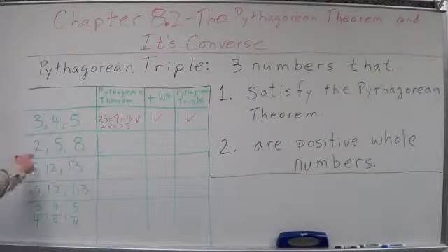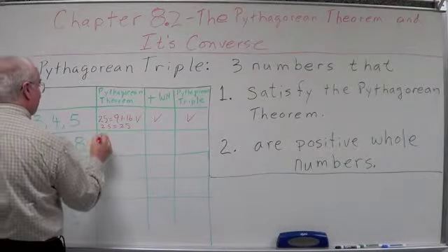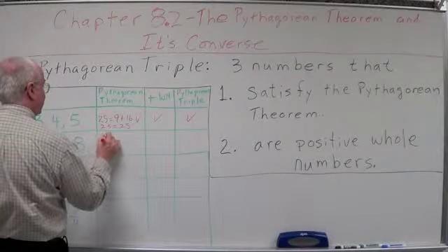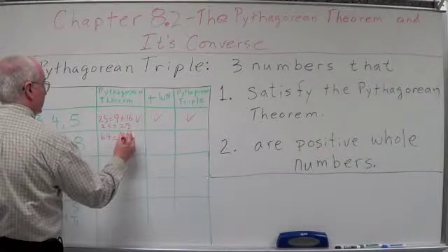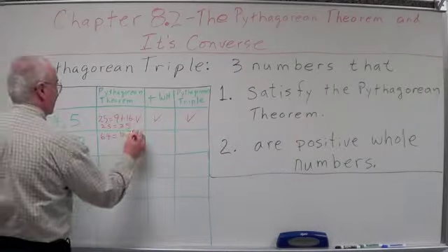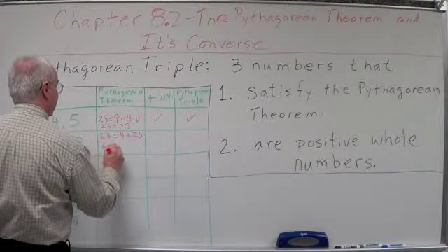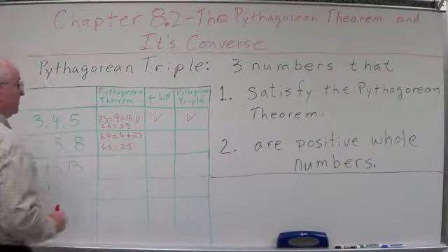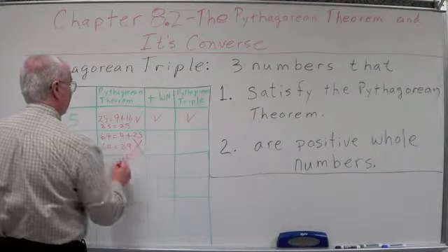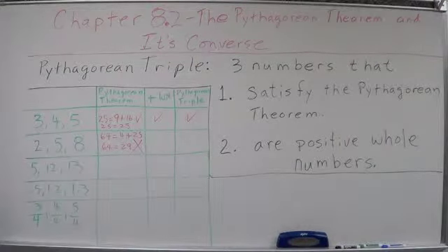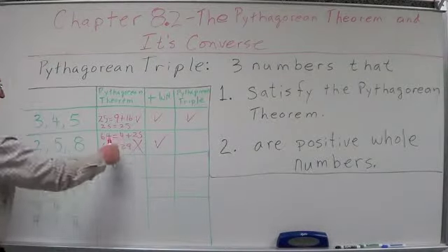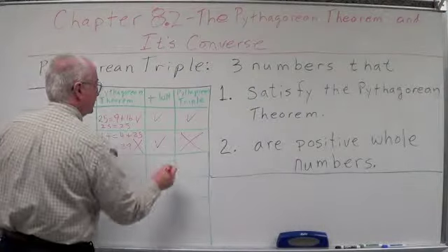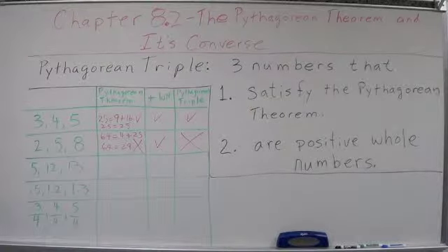Now let's look at 2, 5, and 8. 8 squared is 64 equals 2 squared, which is 4, plus 5 squared, which is 25. Does 64 equal 29? No. They are positive whole numbers, but they have to satisfy both conditions, so no, they are not a triple. Why? Because they do not satisfy the Pythagorean theorem.